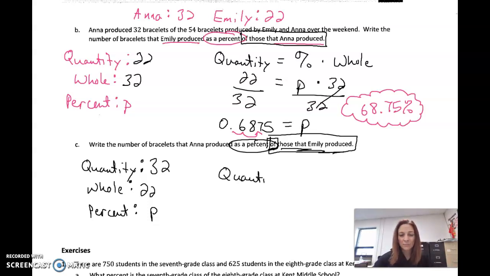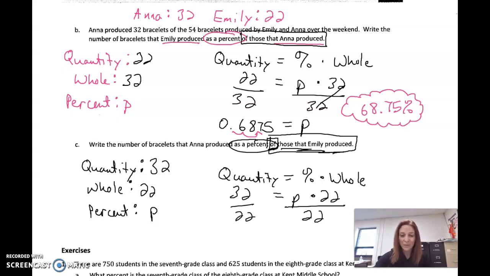Quantity equals percent times whole. Our quantity in this case is 32. We don't know what the percent is, but we know our whole is 22. Again, we're solving for P, so we have to get rid of the 22. It's times 22, so we're going to divide both sides by 22. We're going to grab our calculator and go 32 divided by 22, because that's what it tells us to do. And we get 1.4545, on and on and on.